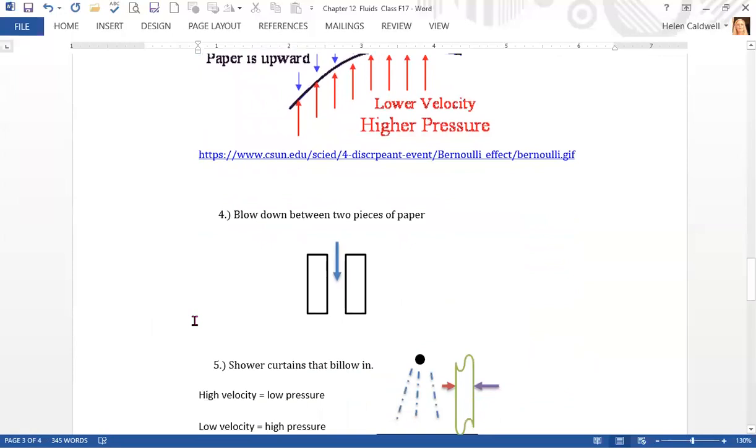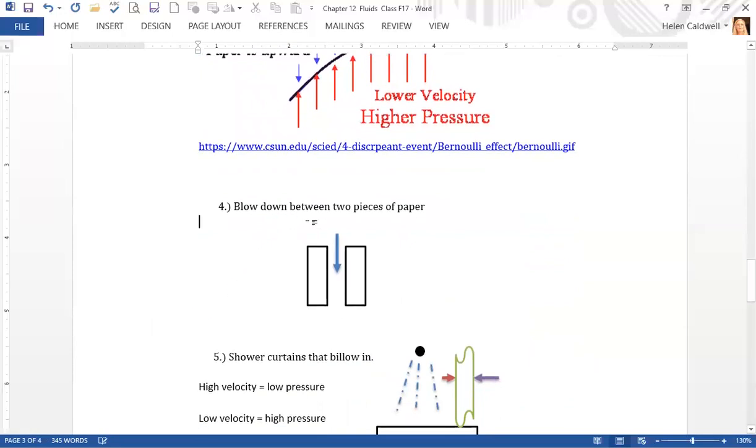Suppose we blow down between two pieces of paper. If that's the case, high velocity going between them equals a low pressure. So we've got a low pressure between.